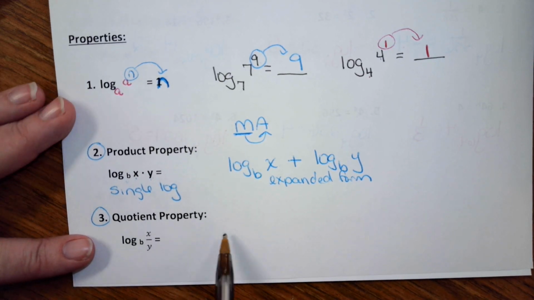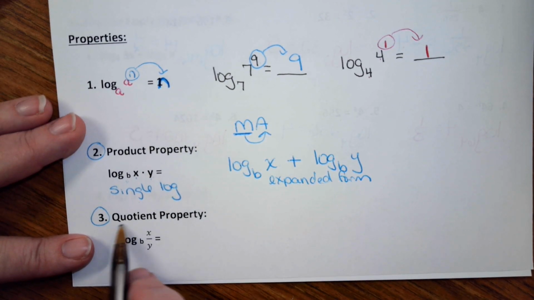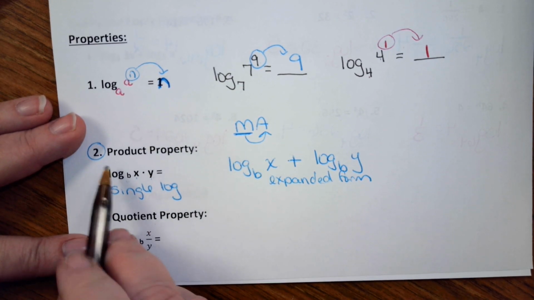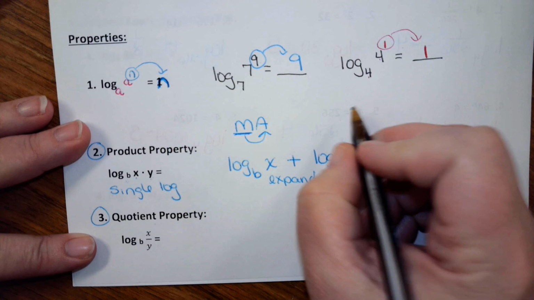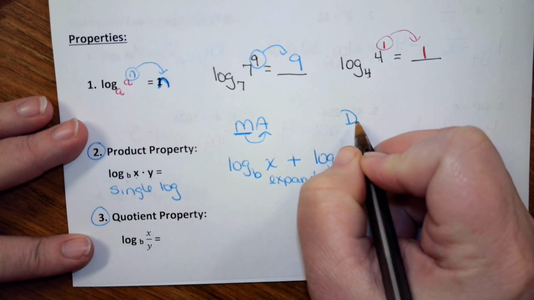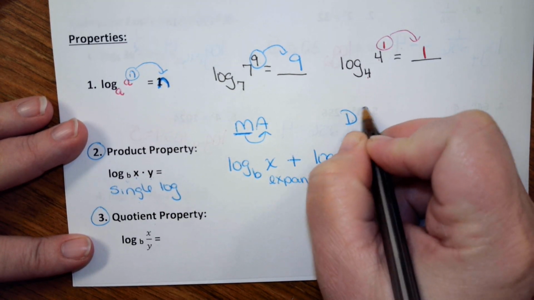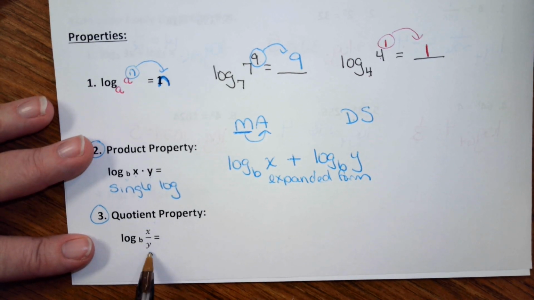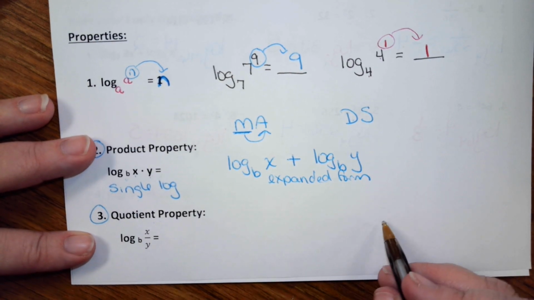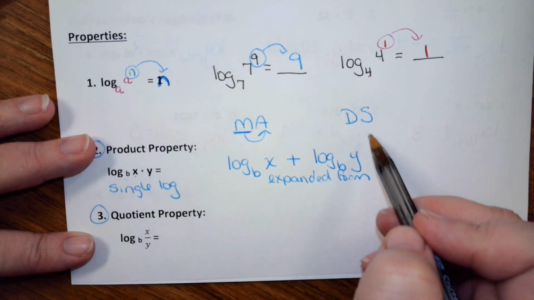All right, quotient property. Quotient means the answer you get when you divide. Product means the answer you get when you multiply. So here you notice we've got log base b of x divided by y. Well, the exponential rules say that when you divide like bases, you subtract the exponents. So if we're going to go from single logs to expanded form for this one, we're going to use subtraction.